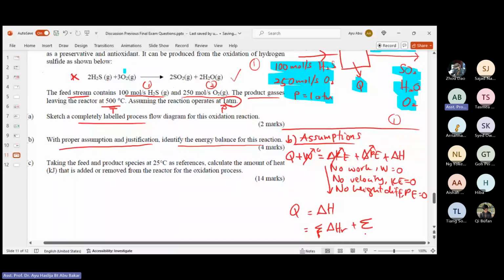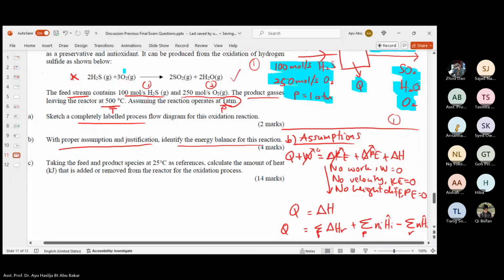Then only this one: product minus reactant. Okay, so this is your final answer.